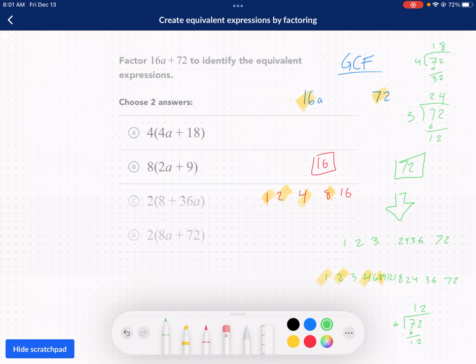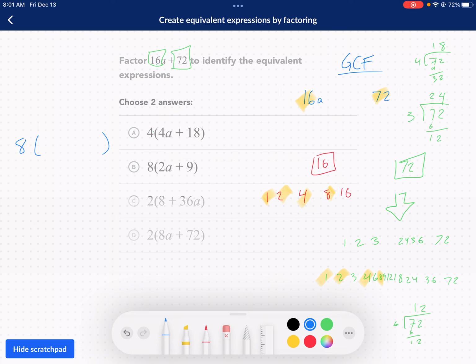Now, looking here at these setups, you'll notice that we're going to have a number outside. These numbers are all the factors of both those terms. So 4 is hopefully going to be a factor of the coefficient there, and 4 also hopefully a factor of the constant. So if I'm going to try to factor this without looking at these answers real quick, ideally I would put my greatest common factor, in this case it's 8.